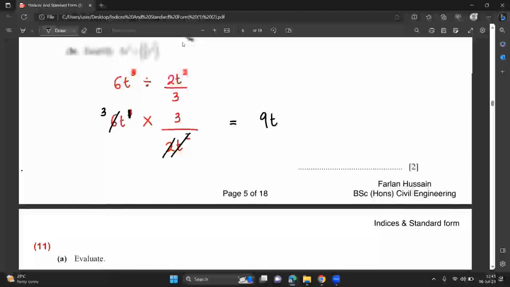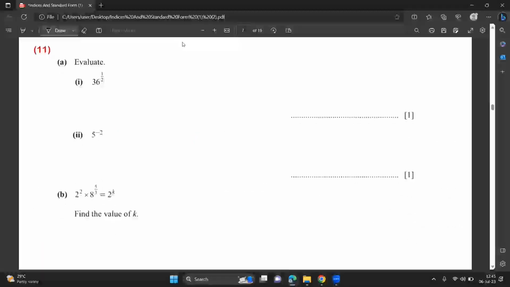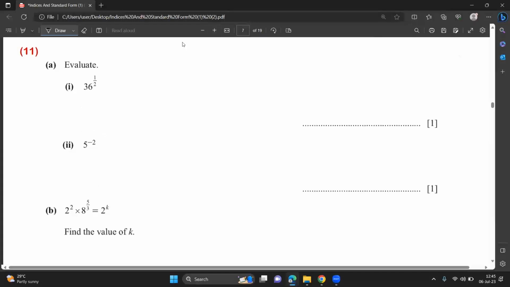Anyone still copy? No? Question 11. 36 to the power half. Guys, if it's 36 to the power half, we have to convert 36 to a power of what? 2. What to the power 2 gives you 36? So what is your answer? 6. Done?